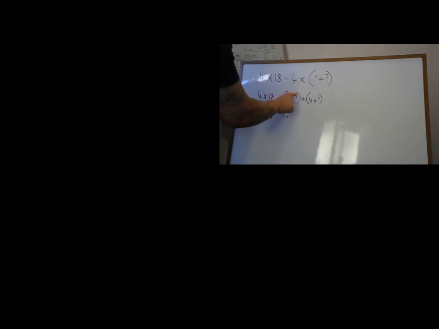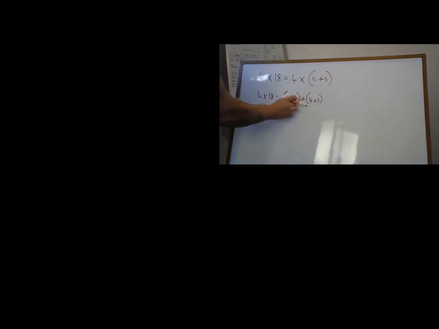All right. 4 times 10 plus 4 times 8. So writing 4 times 10, 4 times bracket 10 plus 8 is exactly the same as writing this. What about 4 times 19? How can I calculate that?